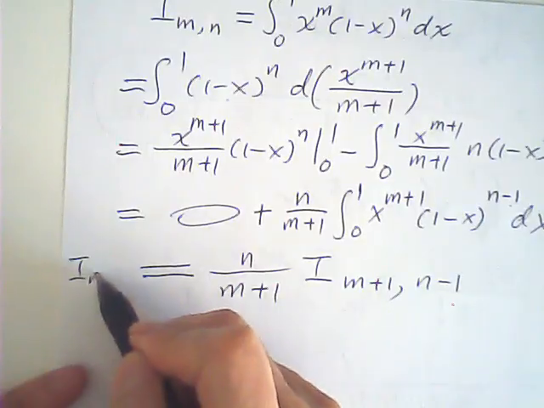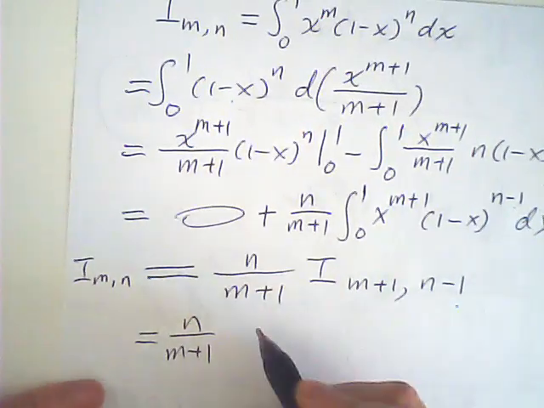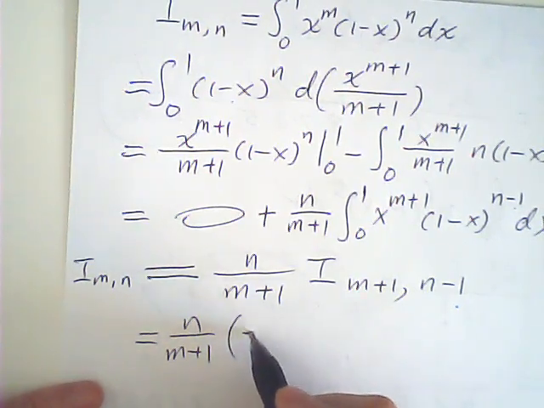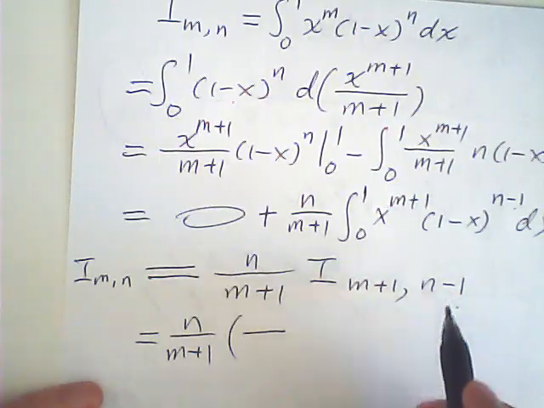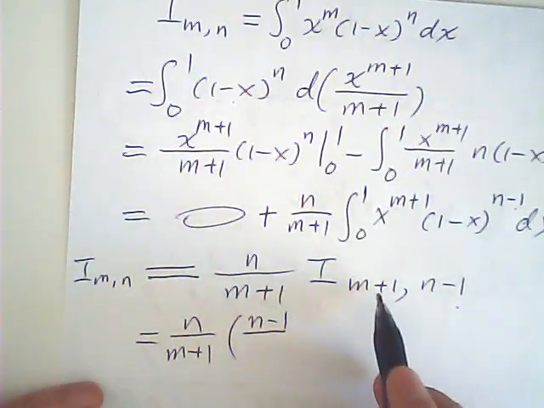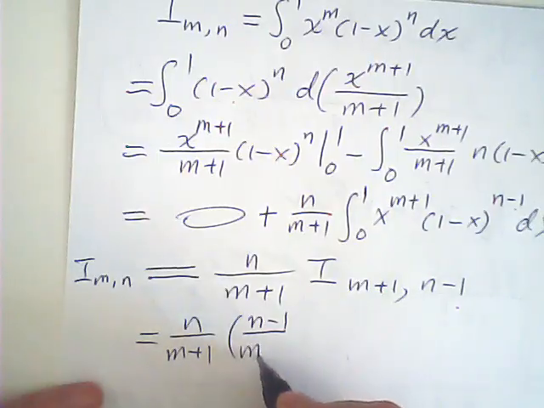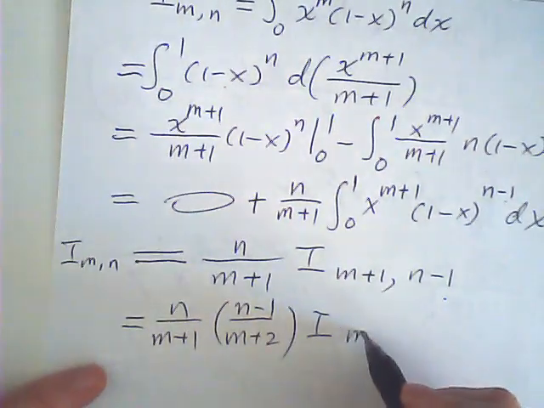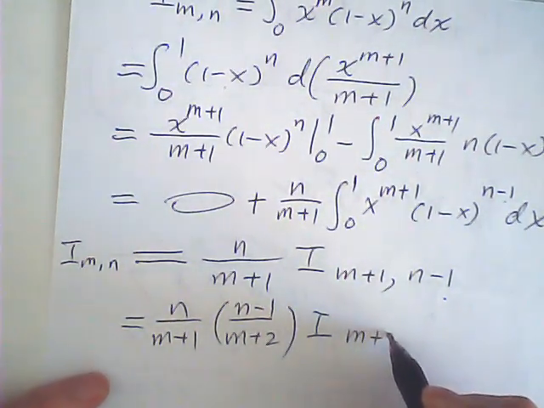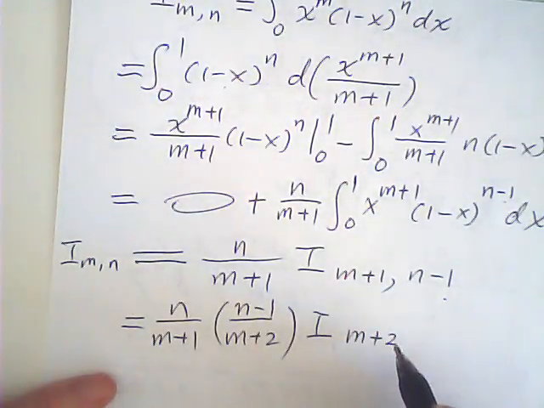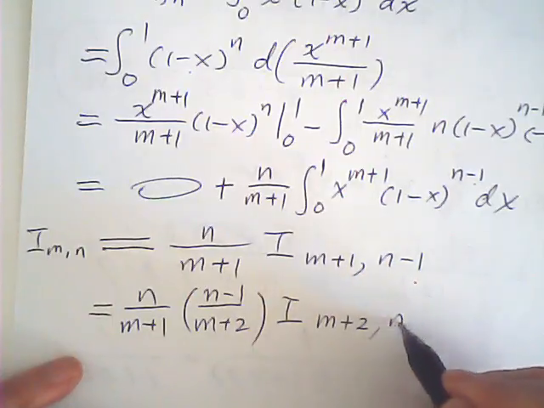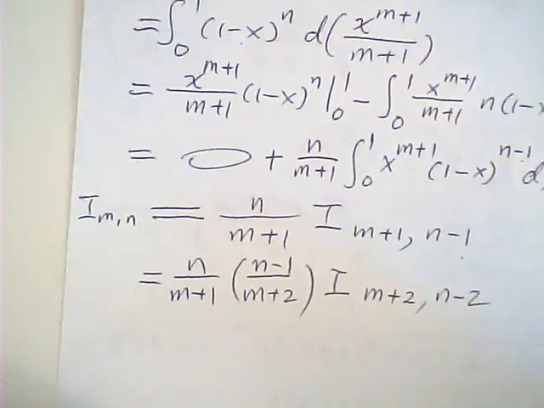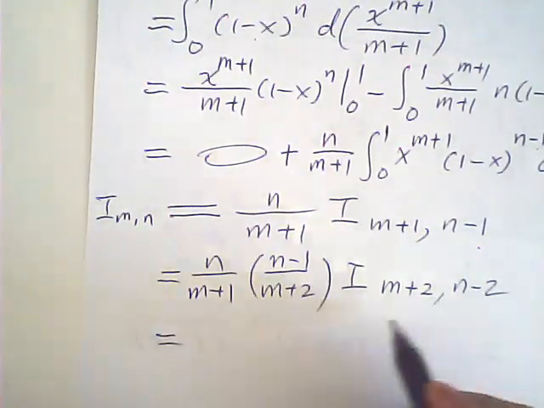This is I sub m,n. Repeat that one, so it becomes n minus 1 and m plus 1. Apply again, this becomes n minus 2 and m plus 2. And then we repeat the formula again.